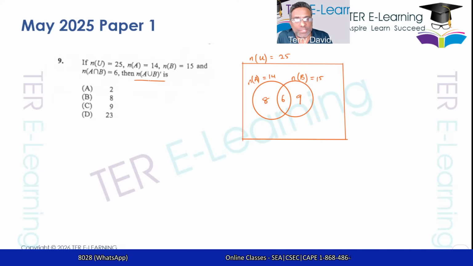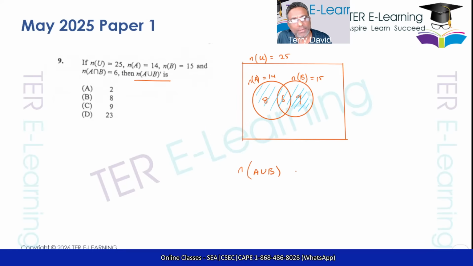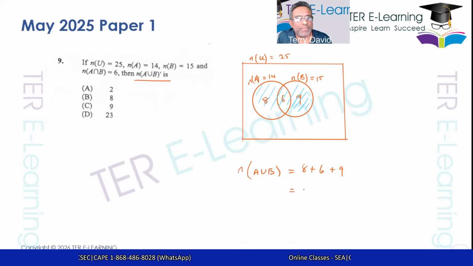Now the question wants us to work out N of A union B complement. First of all, everything inside here is A union B. The number in A union B is simply 8 plus 6 plus 9, so that's 14 plus 9, which is 23.